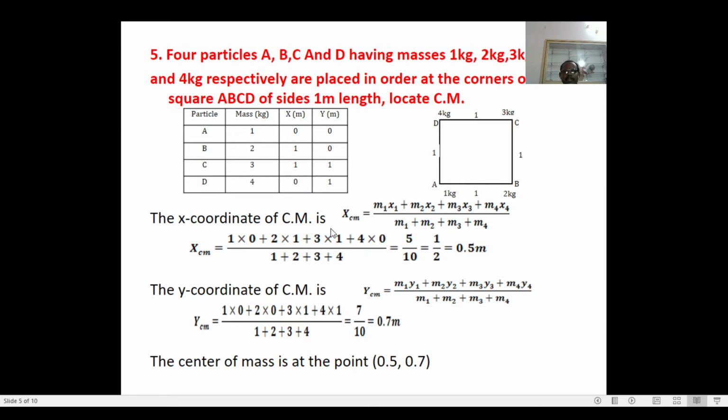The x coordinate of center of mass is xcm is equal to m1 x1 plus m2 x2 plus m3 x3 plus m4 x4 divided by m1 plus m2 plus m3 plus m4.